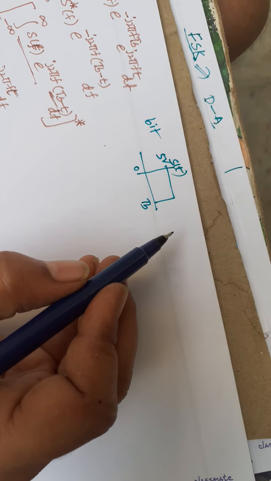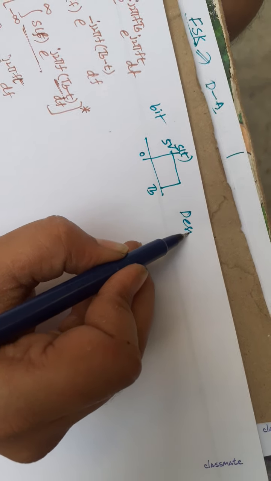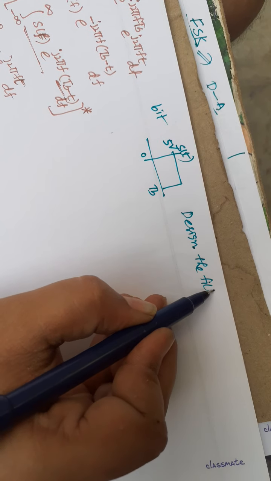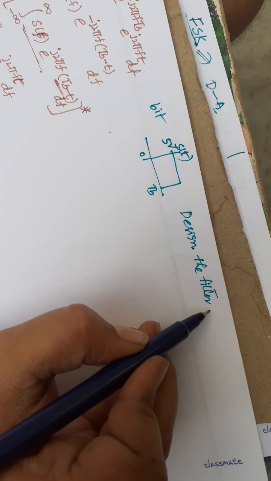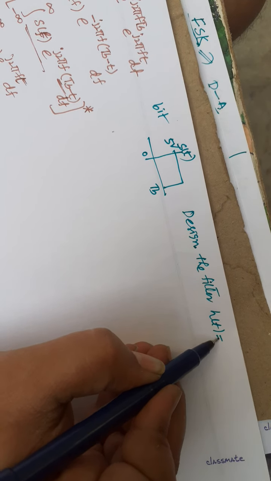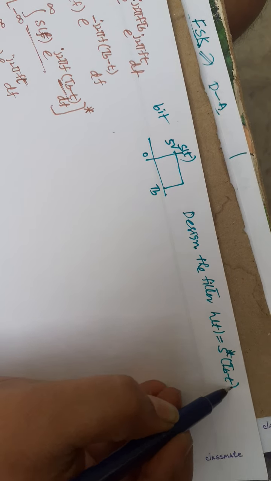The question is: design the filter which satisfies h(t) equal to s star (Tb minus t).